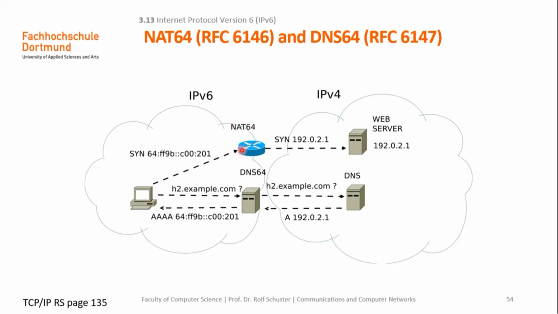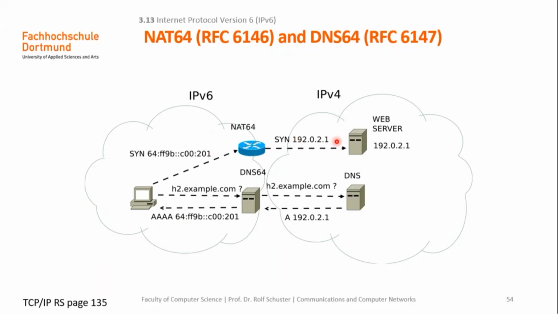But in this device, we will perform a special case of address translation that associates this destination address with this other destination address. And then in that way, when the messages go from the IP version 6 to the IP version 4 network, the destination address of the IP version 6 will be transformed in the destination address of the IP version 4 datagram.